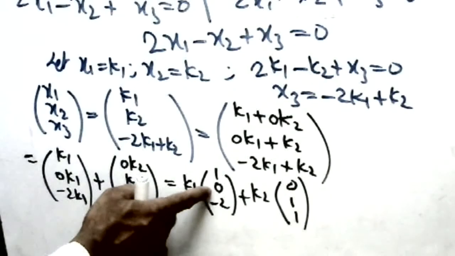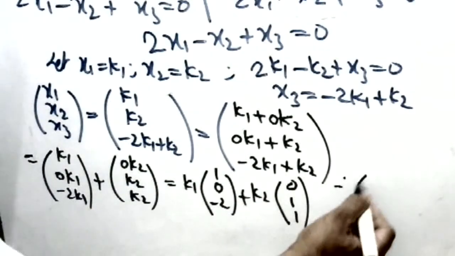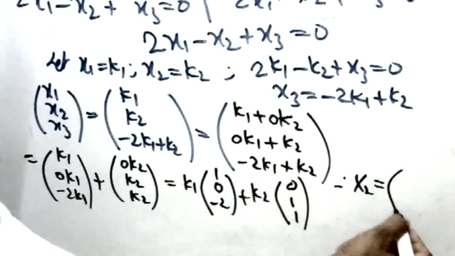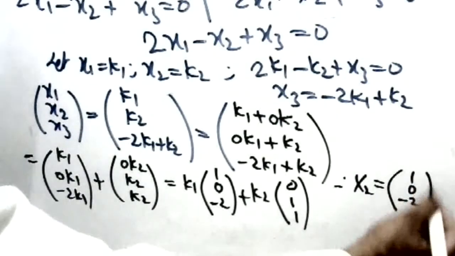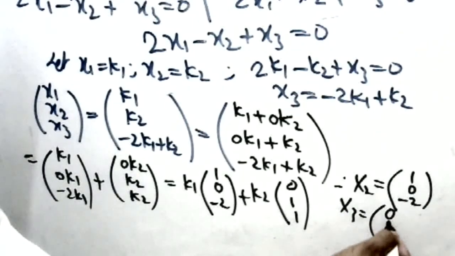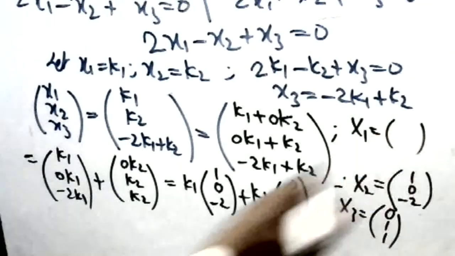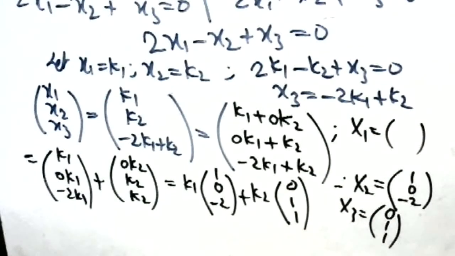We take this as the second vector and this as the third vector. Therefore x2 equals 1, 0, minus 2 and x3 equals 0, 1, 1. Already previously we got x1. So these are the three eigenvectors, corresponding to eigenvalues 8, 2, 2.